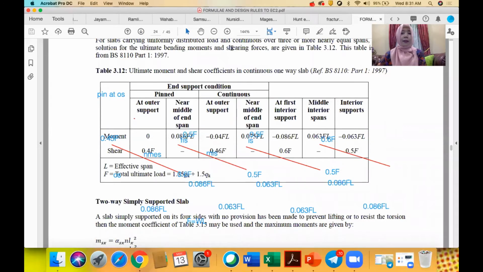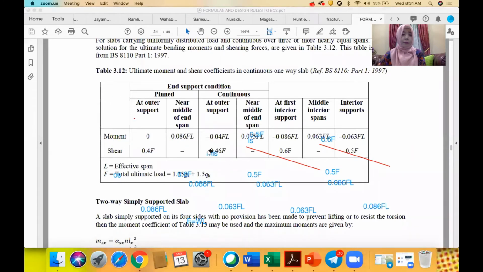Okay, what is F mentioned here? 1.35Gk plus 1.5Qk. That means Gk on the slab and Qk on the slab, not on the beam. Look at the small letter here, Qk.